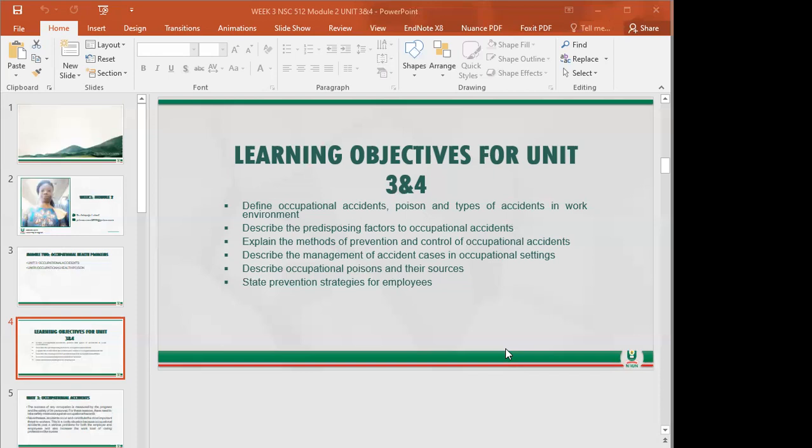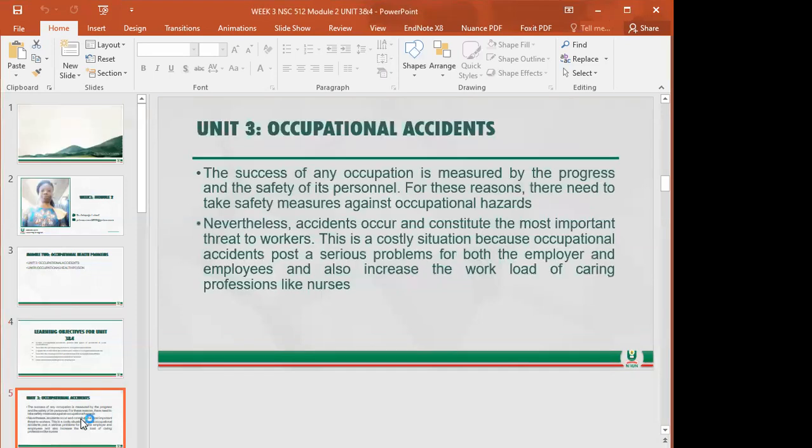So those are the 6 learning objectives for the units that we'll be covering. Don't forget, the Unit 3 title is Occupational Accident, while Unit 4 title is Occupational Health Poison. Those are the 2 units we'll be covering shortly.